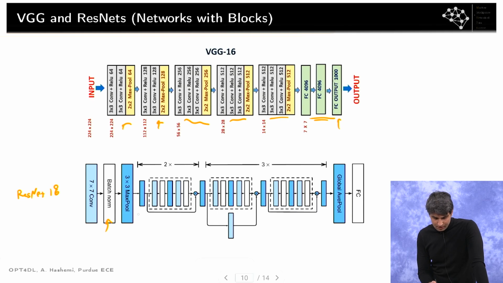But the point that I want to make here is that compared to all the previous architectures, where there was only a single path from the input to the output, so the information could only flow through this single path, here in ResNet that's not the case. We have these, if you will, skip connections. One skip connection here, another one here, another one here, right?